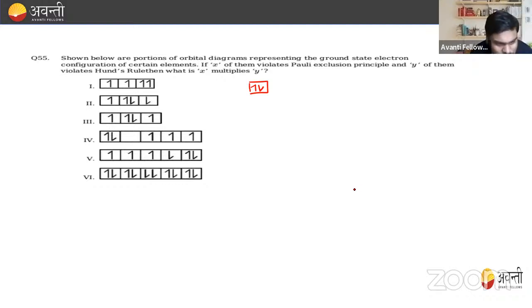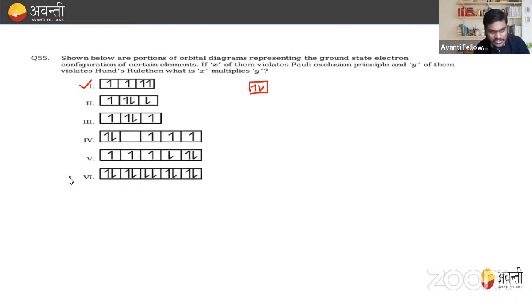According to Pauli exclusion principle, no two electrons in an atom have the same four quantum numbers. In other words, only two electrons may exist in the same atomic orbital, and these two electrons must have opposite spin. So just look here: A, B, C, D, E, and this one.